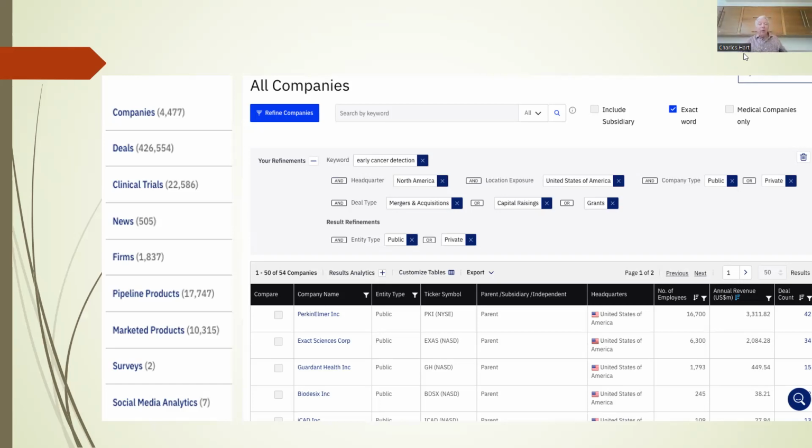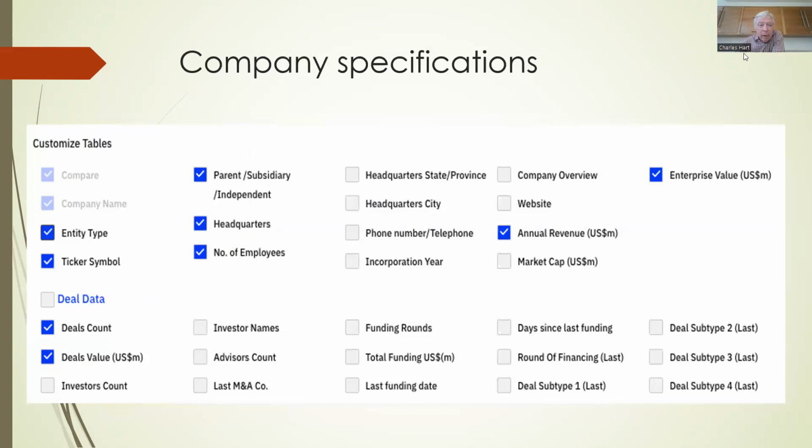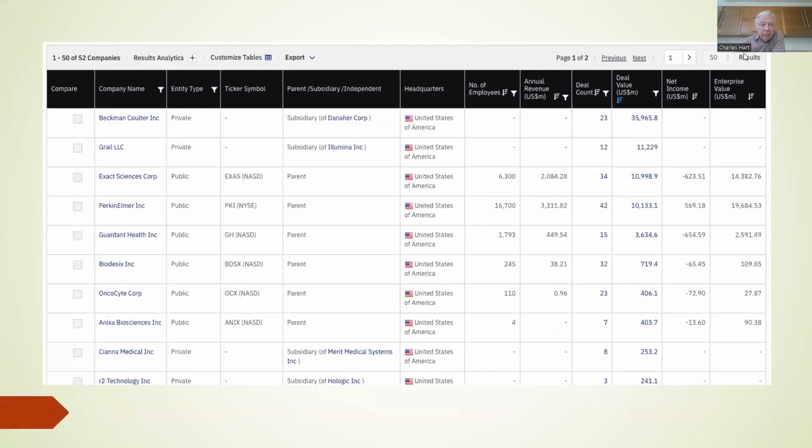Exact Sciences is also a great company, PerkinElmer. And for each of the companies, you can study them, find out how important their colon cancer test is. Is it mission critical? Is it just part of one of many, many offerings? You can delve into these different companies and get a lot of information about the tests they're selling and how they're selling them.